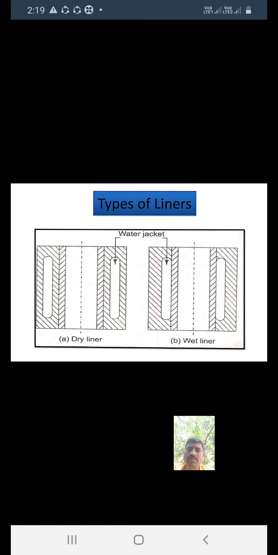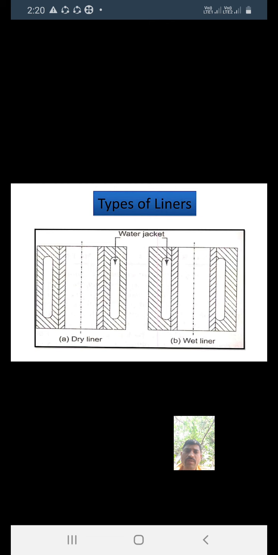There is one disadvantage: the replacement of the liner is very difficult and there is a danger of water jacket leakage problem. If there is a leakage problem, then we want to replace the liner, and this is very difficult to replace.